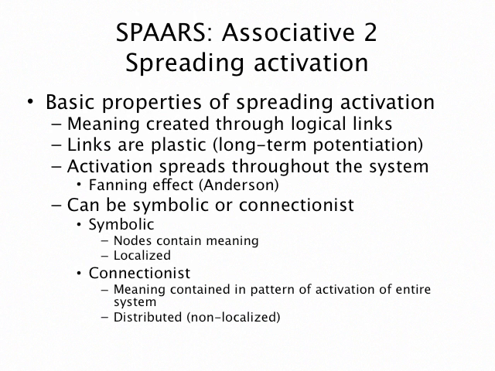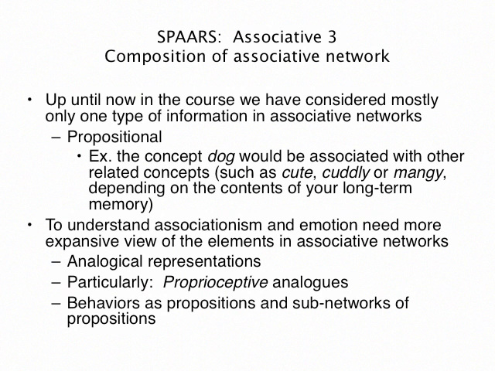And remember that spreading activation can happen within a symbolic network or a connectionist network. Here in Power and Dalgleish, we're talking about a symbolic network of nodes, propositions that contain meaning and where meaning is localized, even though a connectionist substratum is understood to underlie all mental processes, those ones and zeros.